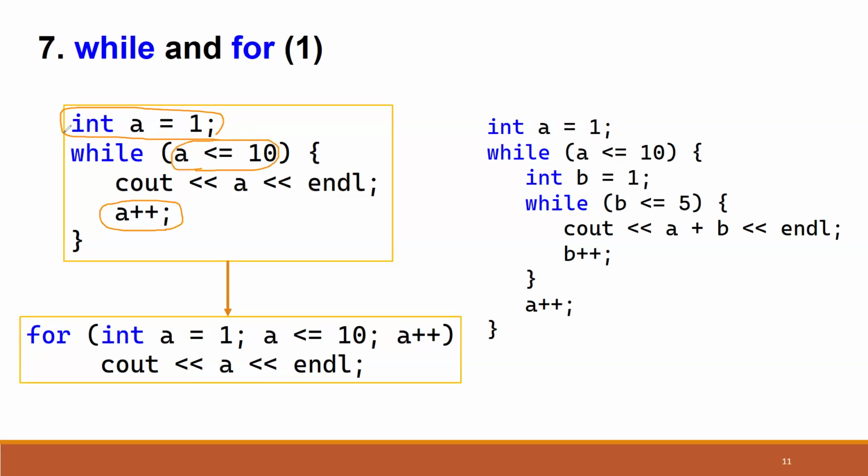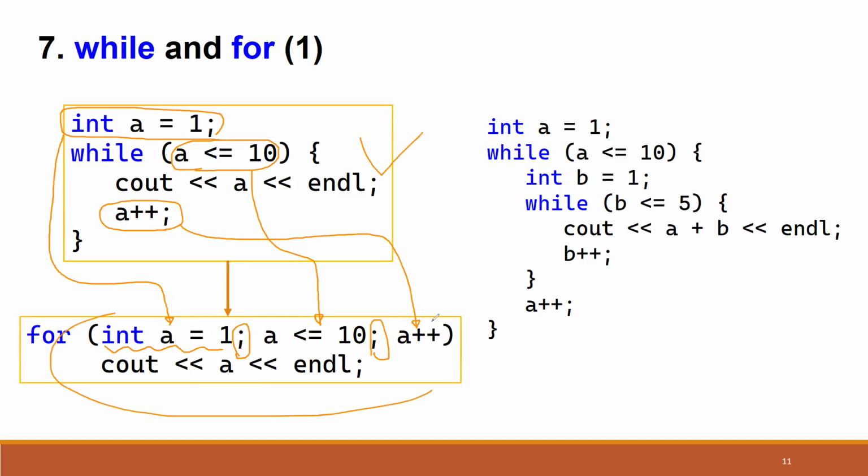The initial statement should be in the first part of the for loop, then a semicolon. In the middle, you should put the condition, and some updating statement should be at the last. This is the for loop. So if you are given this, you should know how to write the for loop or vice versa.